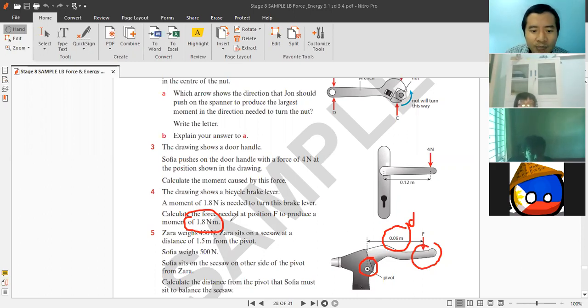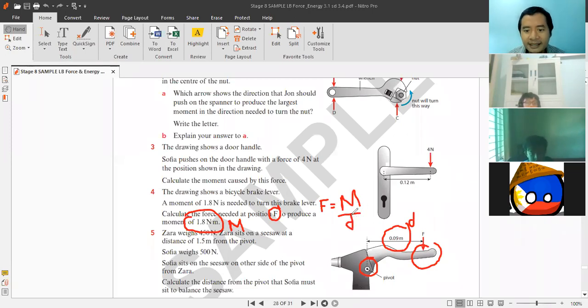We know the moment and the distance. The question is to calculate the force needed at position F. So we are asked to find the force. So force equals what, Mbak? If moment equals force multiplied by distance, then force equals what, Mbak Fiza? Moment divided by distance. Very good.